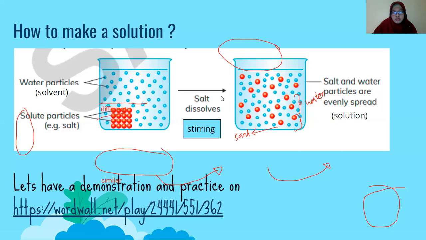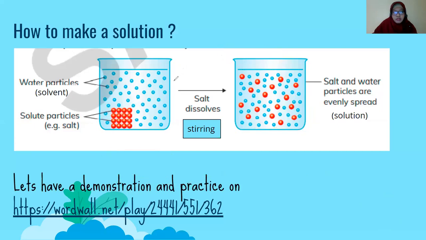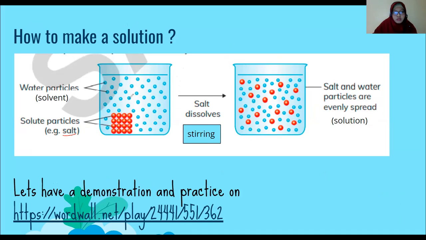Okay, so this is the picture of the particles of the solution. At first, before we stir it, before it is dissolved, the water particles as a solvent and the salt particles are not together, they are not dissolved. But after we stir it, they are uniformly distributed.